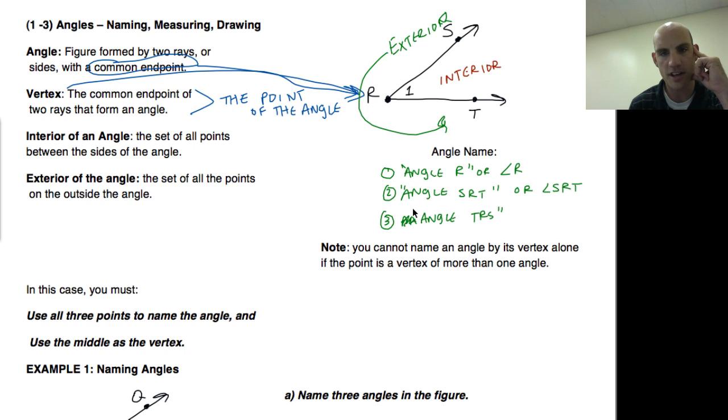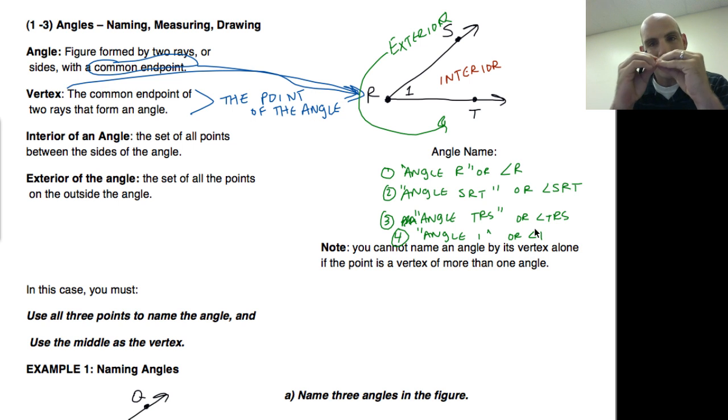I want you to notice the order that I'm going in. Or the fourth thing we could call it, because it's got this one right here, is angle 1, which would be the technical notation of it.